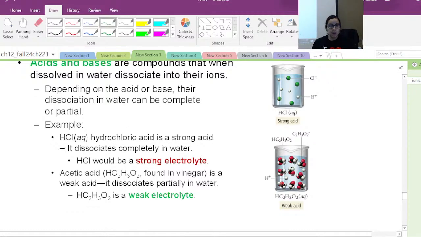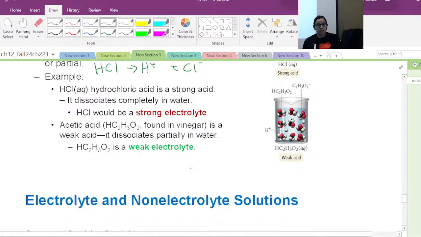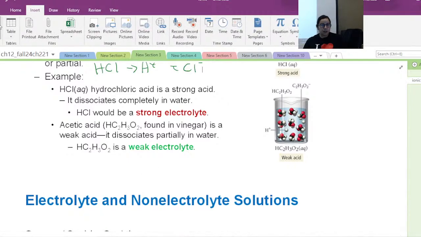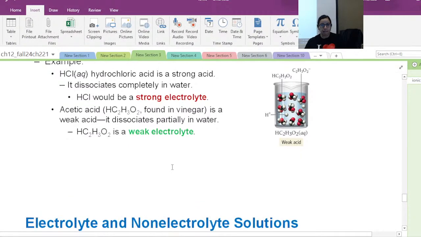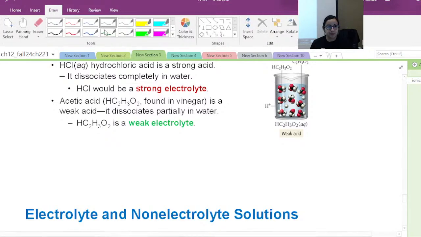So hydrochloric acid is a strong acid. And it has nothing to do with how dangerous it is, but rather that it disassociates. So there it has vinegar. And then I do want to bring up, so HF is surprising to people because HF is actually a weak acid.